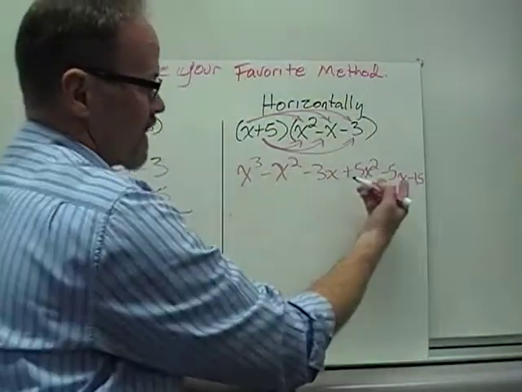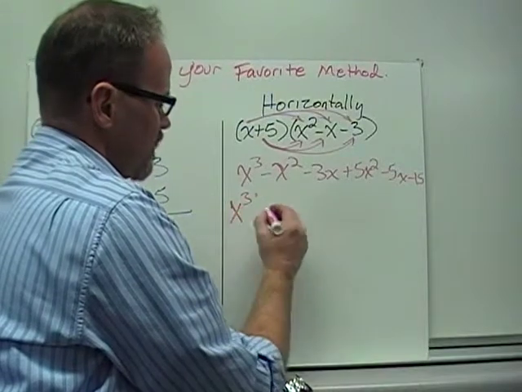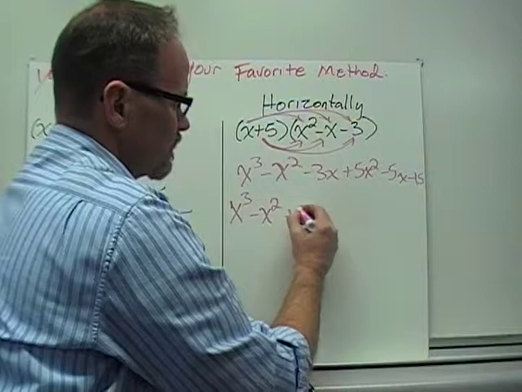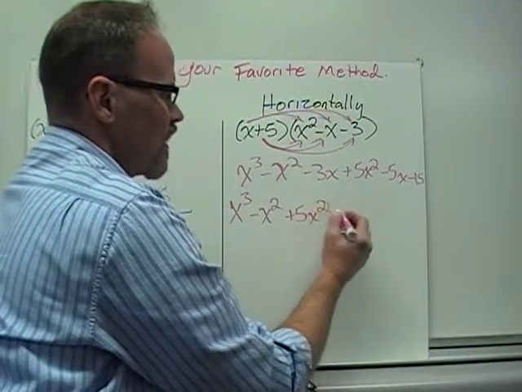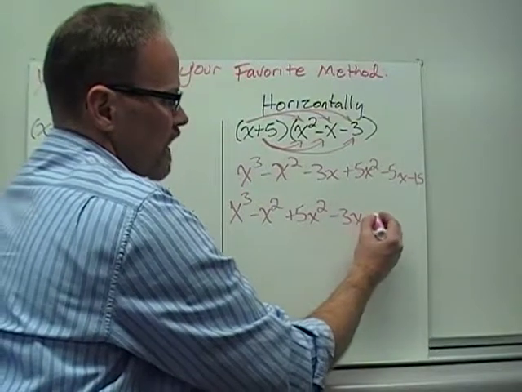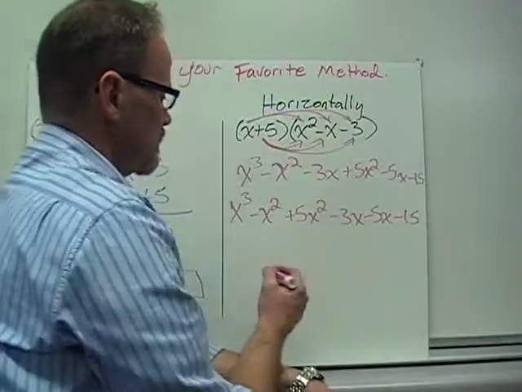Okay, I'm going to rewrite it so everything's more together here. X to the third power, negative x squared, bring him over here, positive 5x squared. Let's put these x's together here, negative 3x and negative 5x, and then negative 15 on the end.